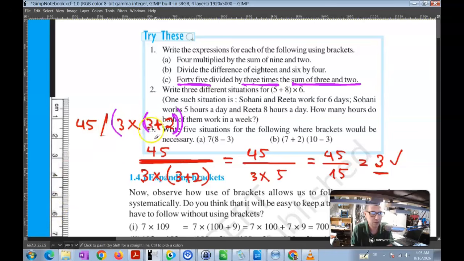And then the 45 is divided by this whole thing over here. Then you can evaluate this: in this expression I have this outer bracket, and then this inner bracket, which is called a nested bracket.